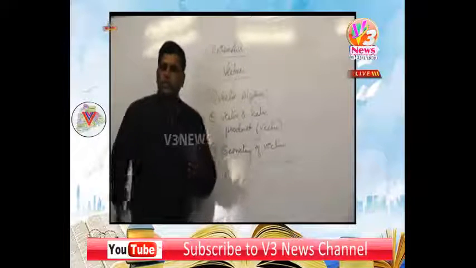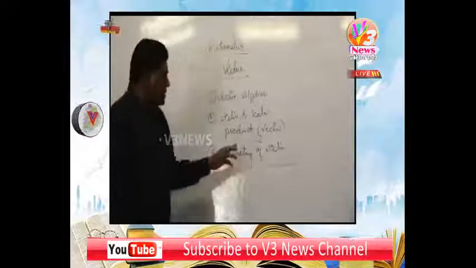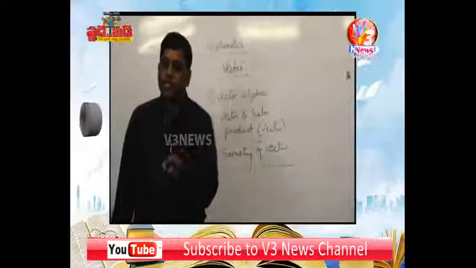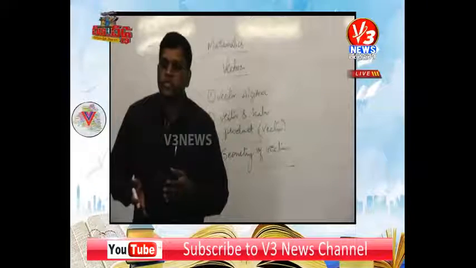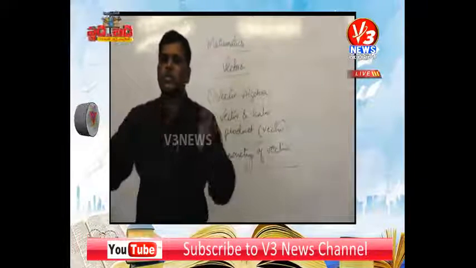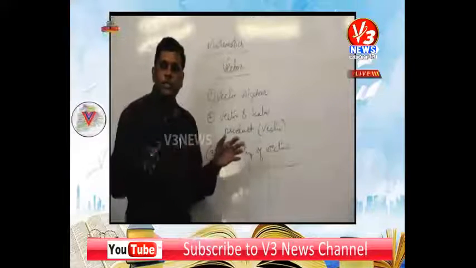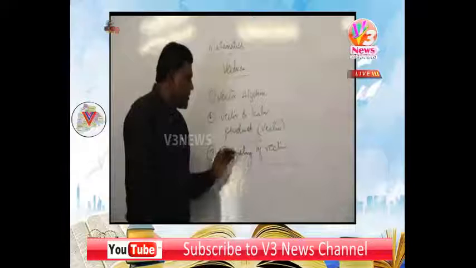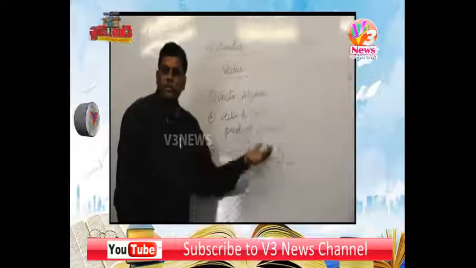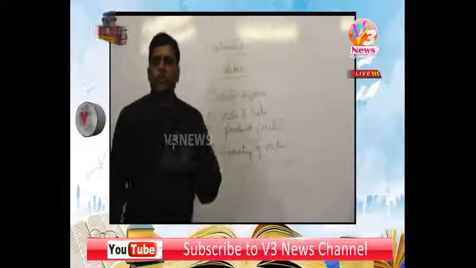You know very well there is a lot of connection between vectors, 3D, and even sometimes complex numbers also. We cannot treat them as separate chapters. In fact, here we can give a clear coordination to these 3 chapters: 3-dimensional geometry, vectors, and even complex numbers.